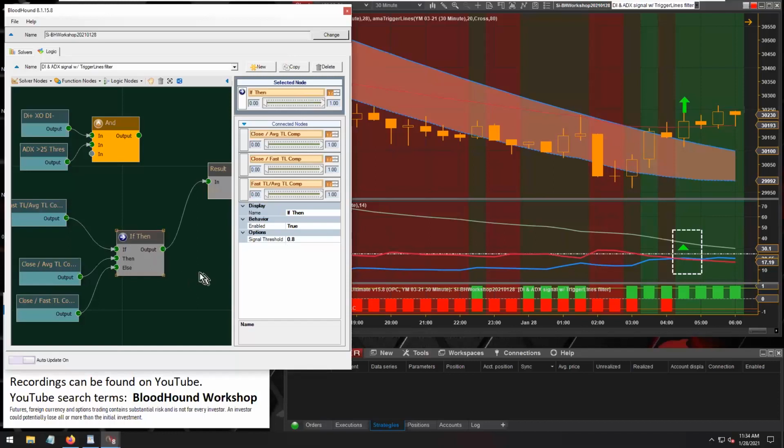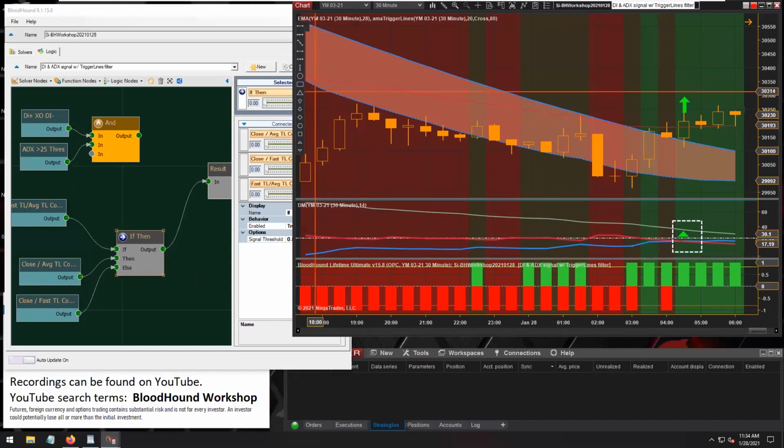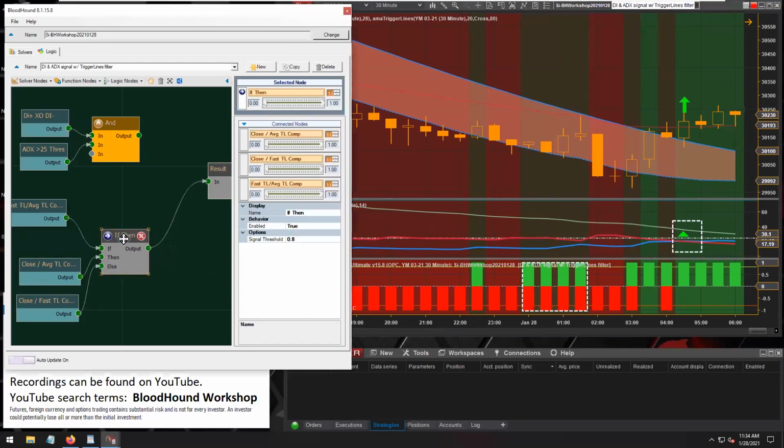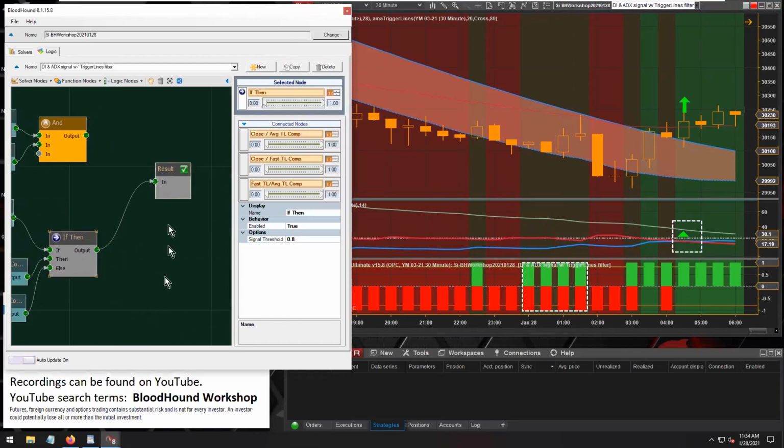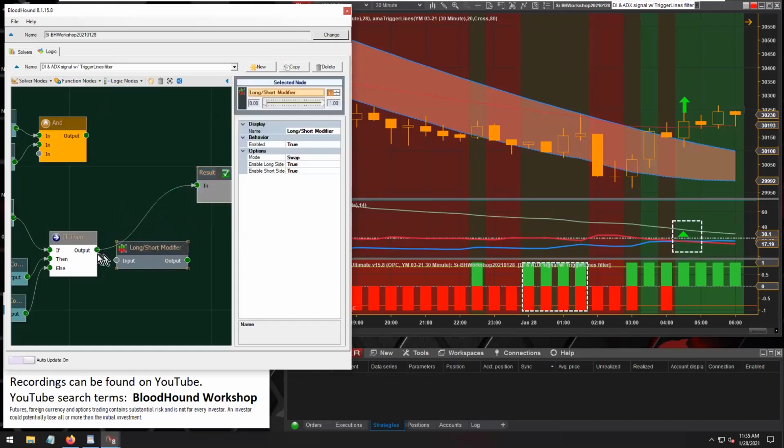The only thing we need to do now is we need to remove the long and shorts together, right? So if there's a long and short together, we need to remove that from our output here. So let's see, to do that, yeah, we should be able to use the long and short modifier.